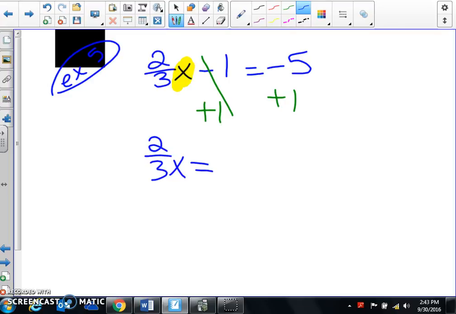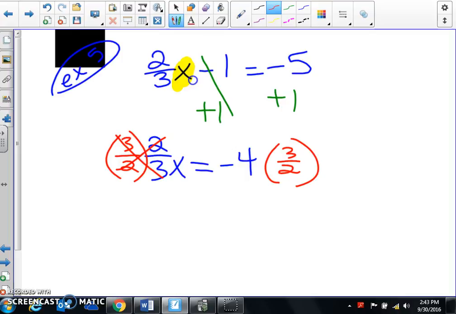And negative 5 plus 1 is negative 4. Remember, if it's a fraction, and so this is 2/3 times x, I take the reciprocal. I multiply both sides by the reciprocal, which is just flip-flopping my fraction. So those cancel. Drop down your x. Negative 4 times 3 is negative 12. Negative 12 divided by 2 is negative 6.